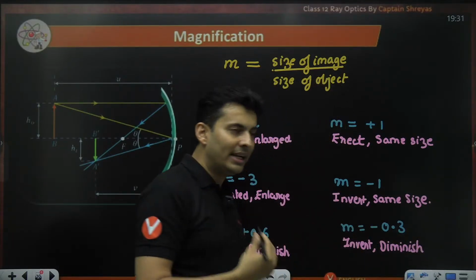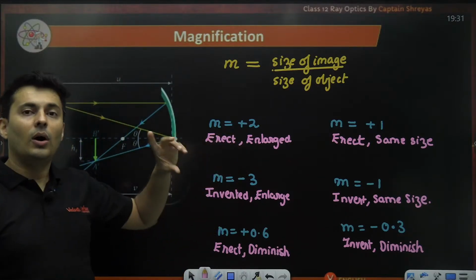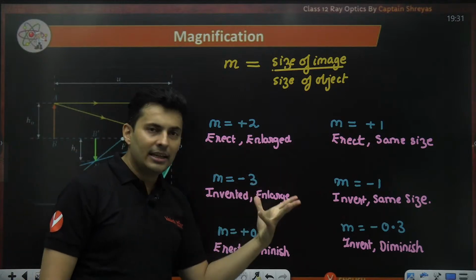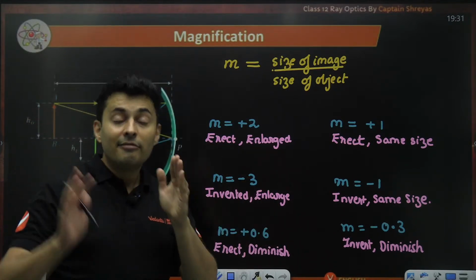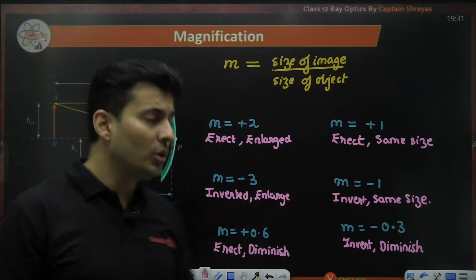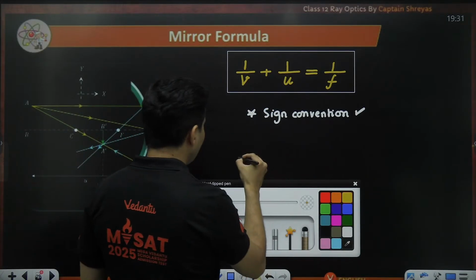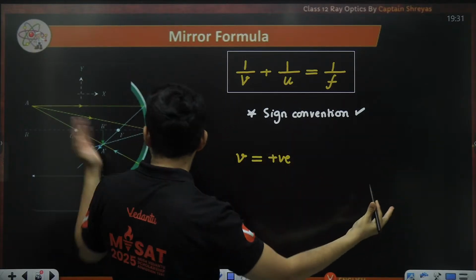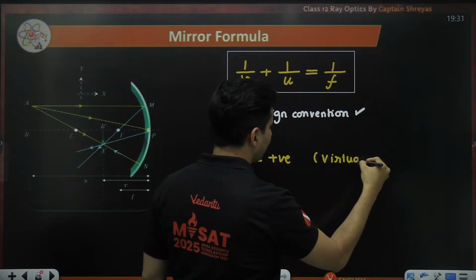So whenever we find the nature of the image, we get the erectness or the inversion via magnification. Also, whether it is enlarged or diminished or same size via magnification. Whether it is real or virtual, we get to know from V value. So, if V value is positive, then it is on the virtual side.